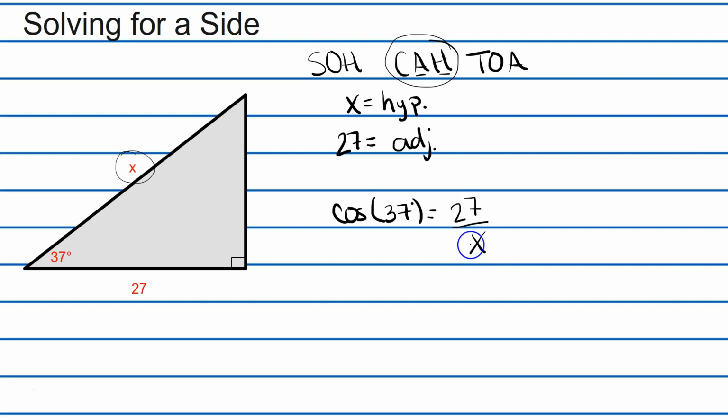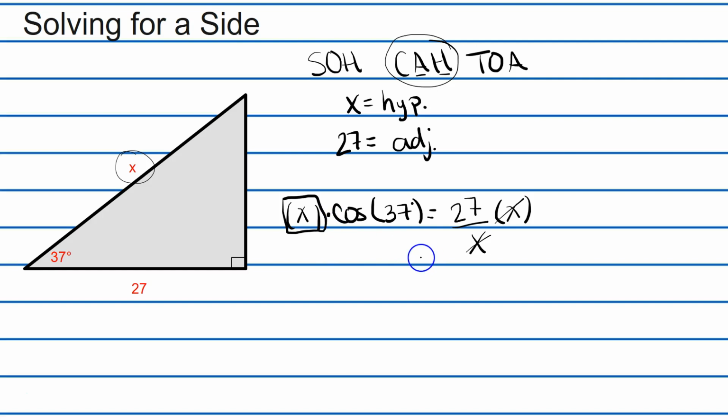And now I want to solve for x, but the problem is the x is on the bottom. So I'm going to multiply both sides by x. And now I want the x alone. If you want to box it, you can do that.